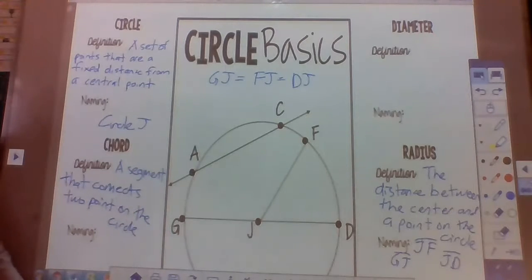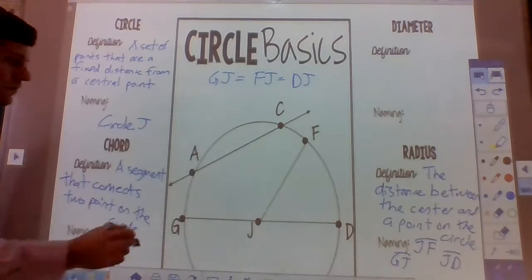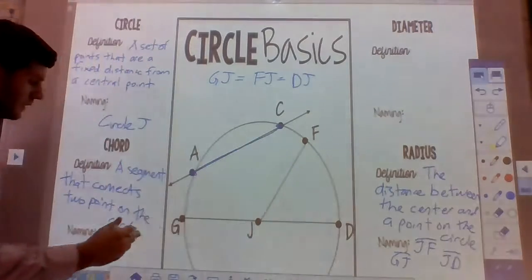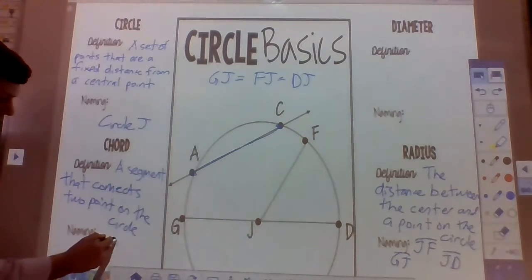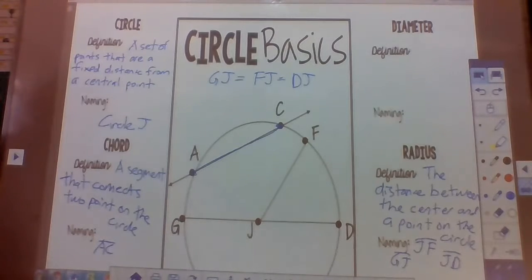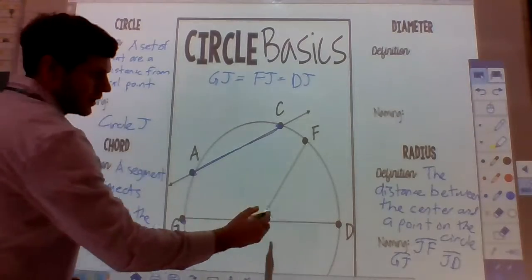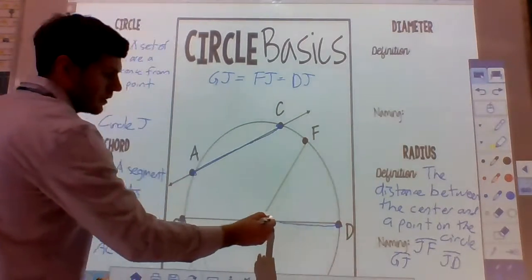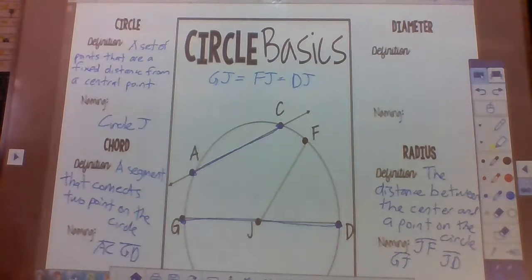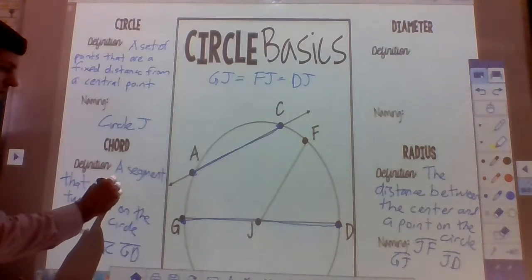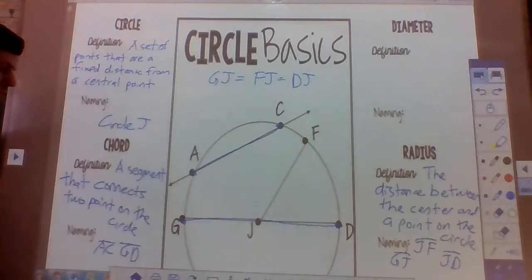Labeled here, A is on the circle and C is on the circle, so segment AC is a chord. It connects two points on the circle. And then segment GD, here's one point, here's the second point on the circle, and segment GD connects those two together. So a chord is a segment that connects two points on the circle.